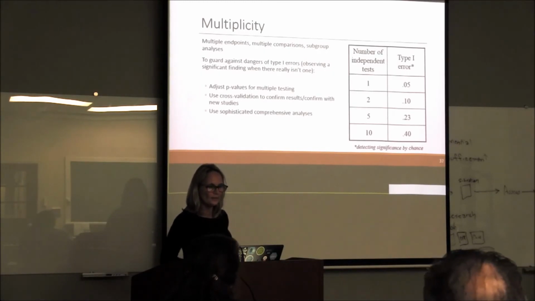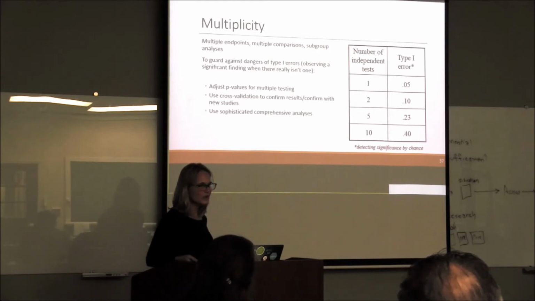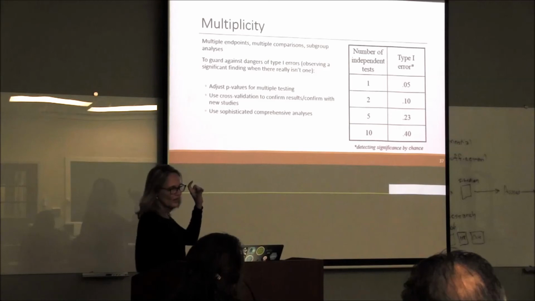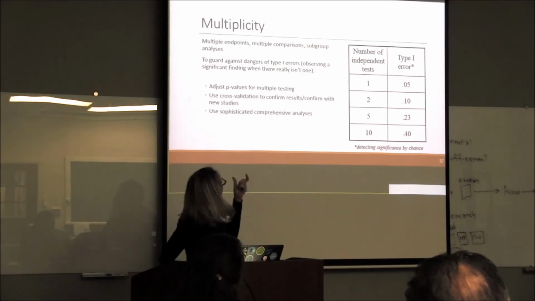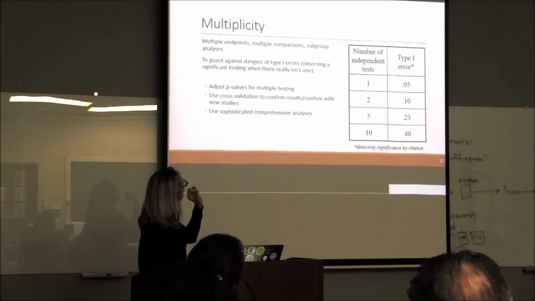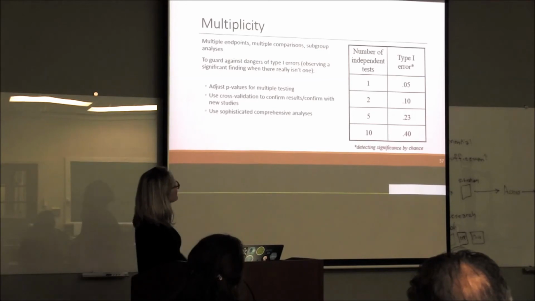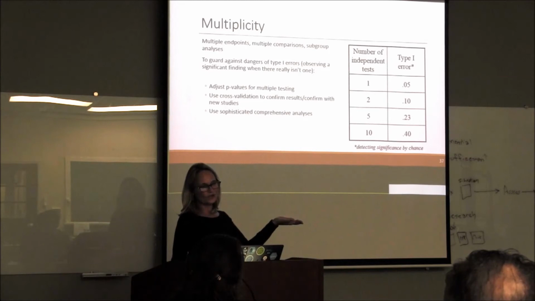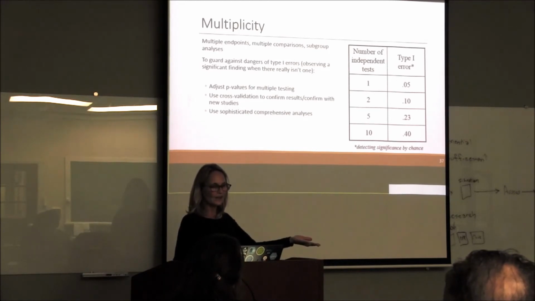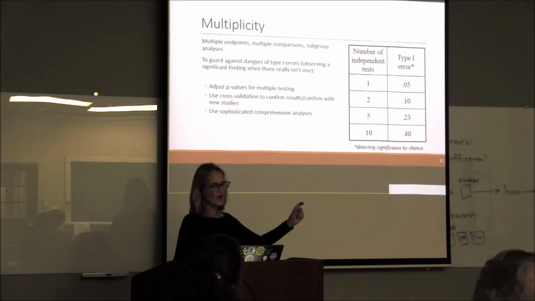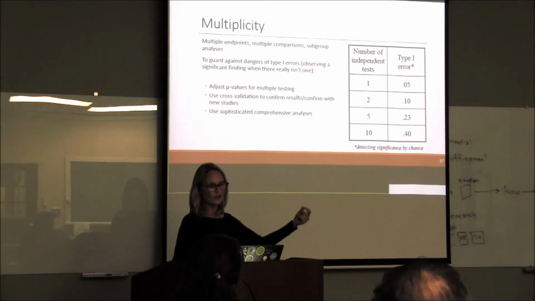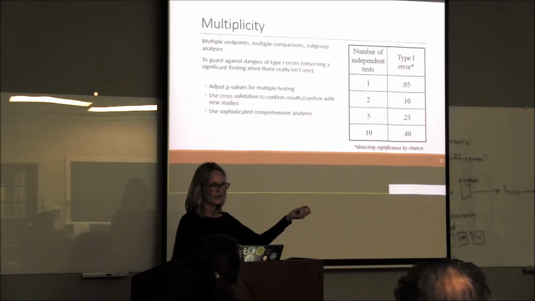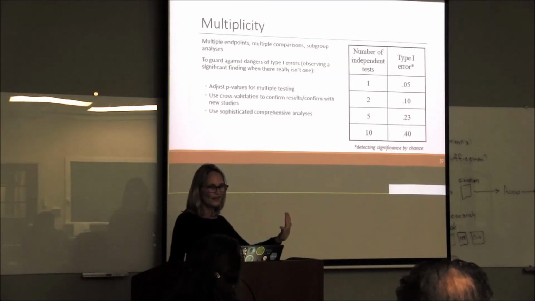As you think about multiplicity, this might come with various endpoints, multiple comparisons, or subgroup analyses. When I say multiple endpoints, you might be analyzing a data set, or prospectively collecting data, that includes outcomes of interest: hospitalizations, length of stay, physical and mental health from the SF-36, and quality of life outcomes. There you've got 5 outcomes.